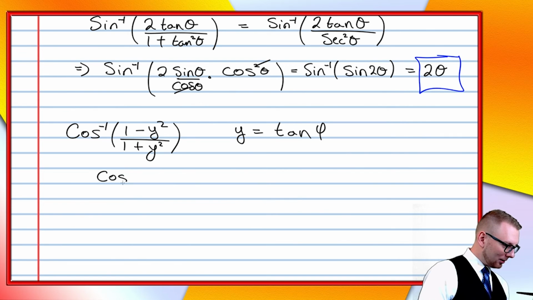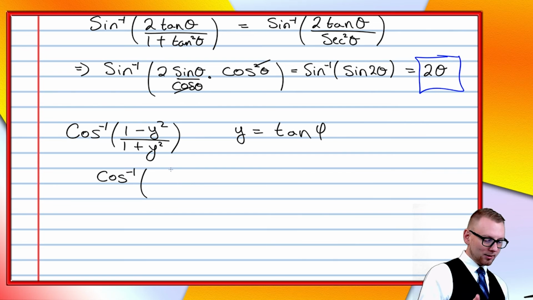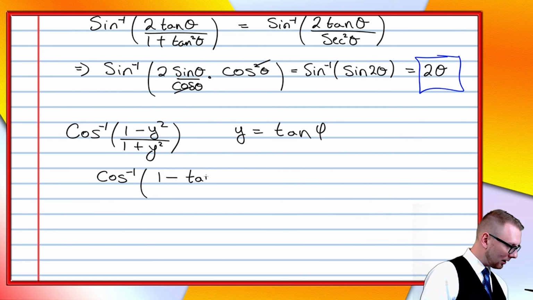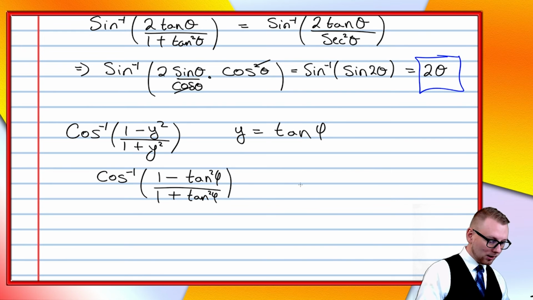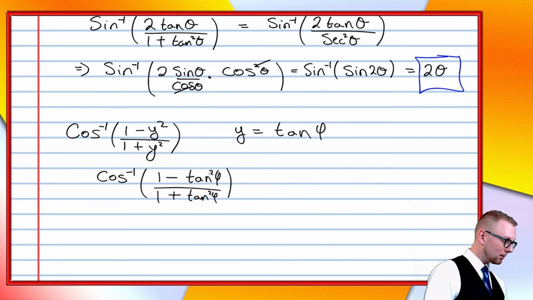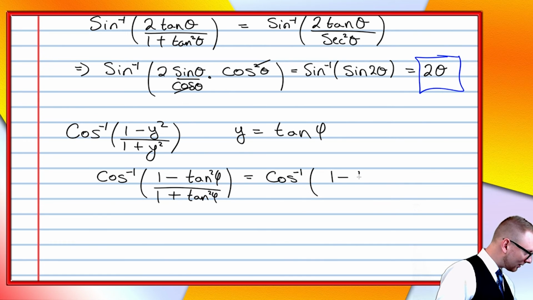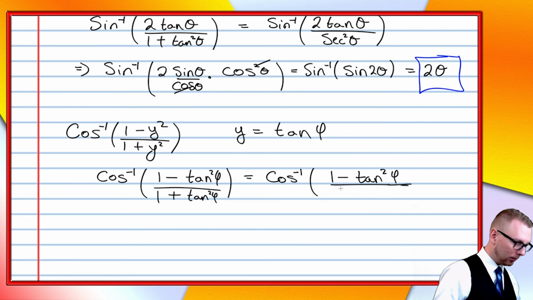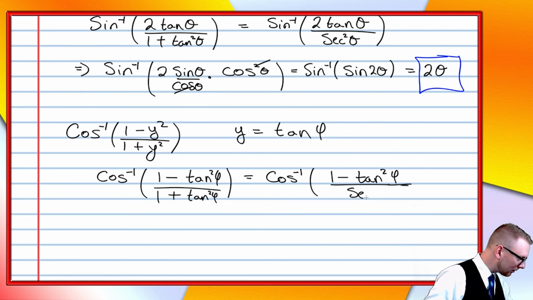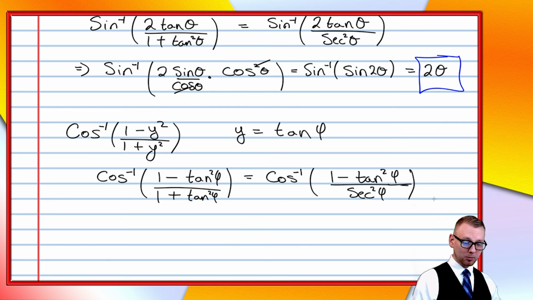Cosine inverse. Well, this is 1 minus tan squared phi over 1 plus tan squared phi. Oh, geez, we're doing it again. This is going to be secant squared.